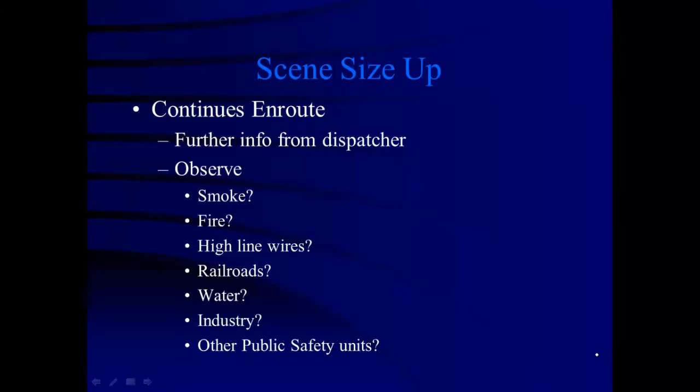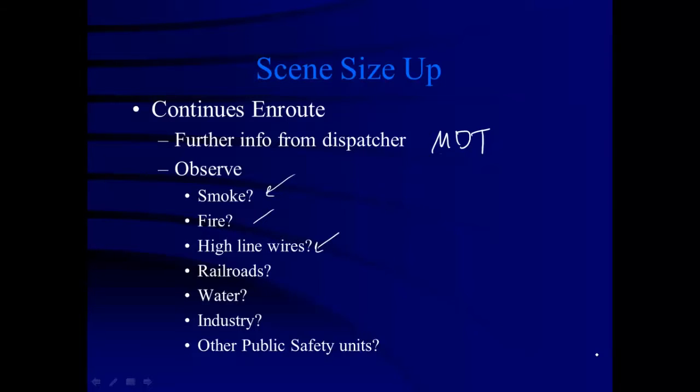The dispatcher will usually get on and give you further information, and this could either be via a computer, like an MDT, mobile data terminal, or it could be that they come up with the radio and give you some additional information. As you're driving to the scene, is there smoke? Can you look out a mile and see the plume of smoke that is where your patient is? Is there fire? Are there any wires, like high line wires?